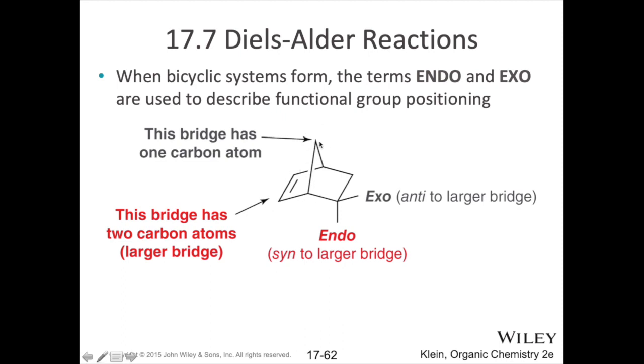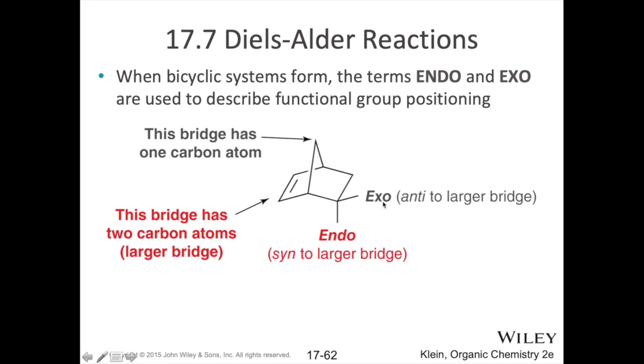Since you're starting off with a ring in your diene, that carbon that's part of that ring will form a bridge of its own. The main part of what used to be your cyclopentadiene, though, it's basically going to be syn in with your endo product, or it will be anti with your exo product.